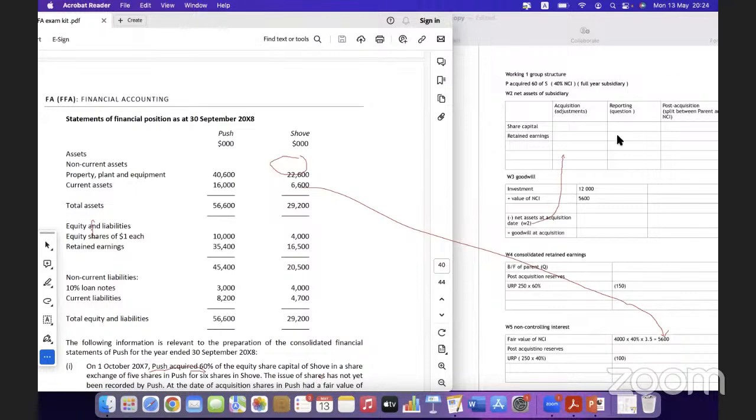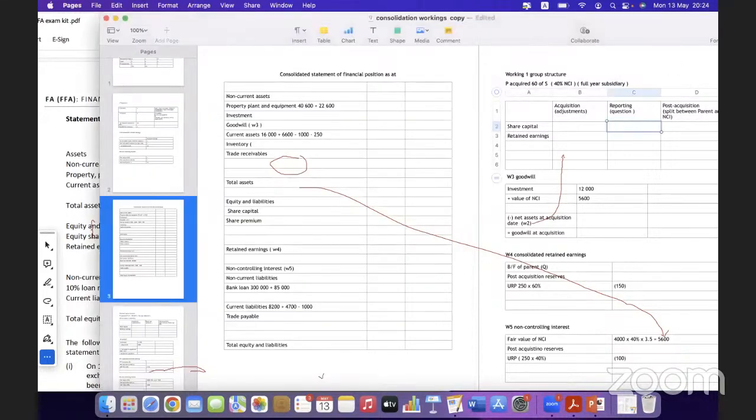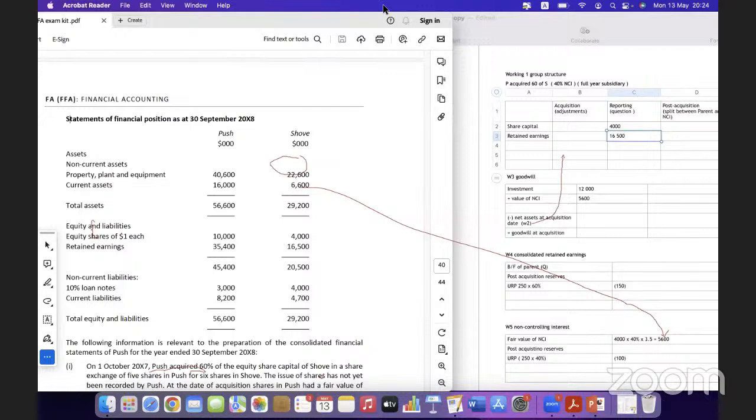So therefore, guys, these are what values? These are reporting values, 4,000 and 16,500. Now, guys, I told you normally in the question, share capital will never change.